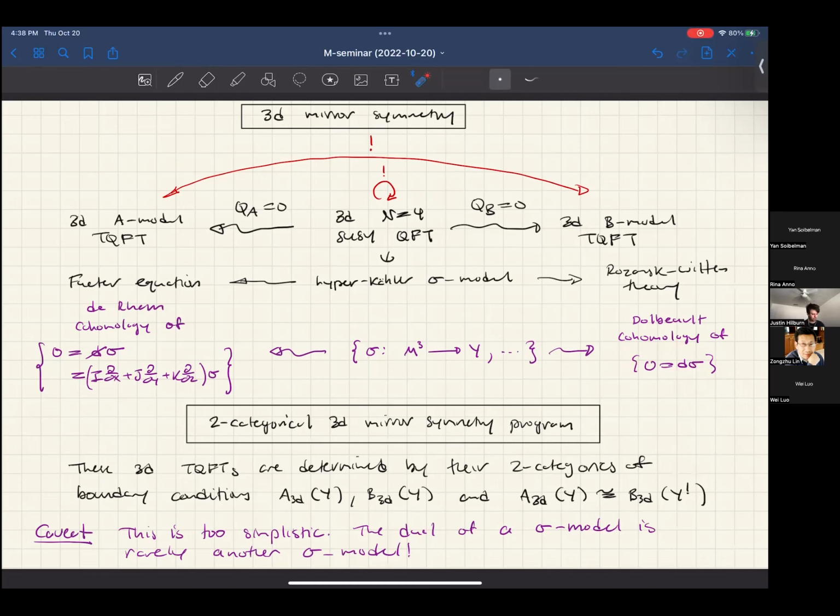Okay, so let me then say that there ought to be a 2-categorical 3D mirror symmetry program where one produces 2-categories from the A model and from the B model, from each of these things, and that you show that they're isomorphic when you have mirror hyper-Kähler manifolds.